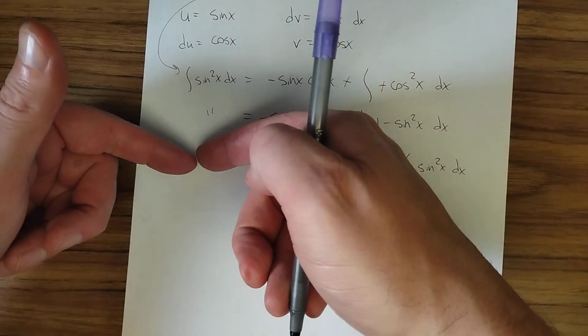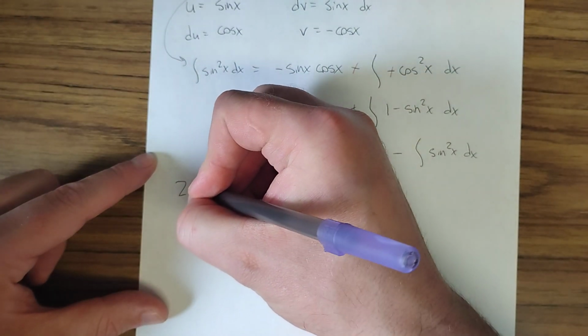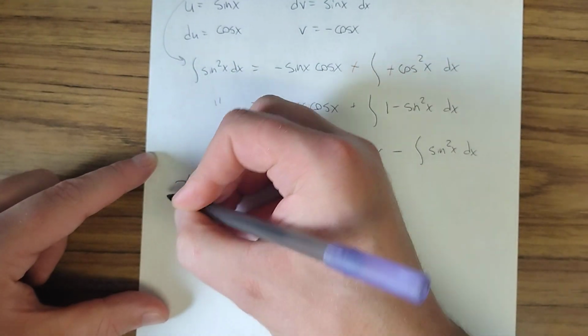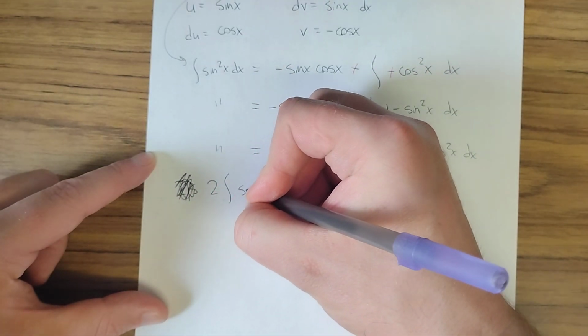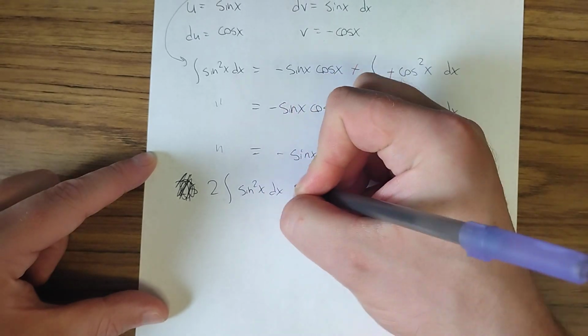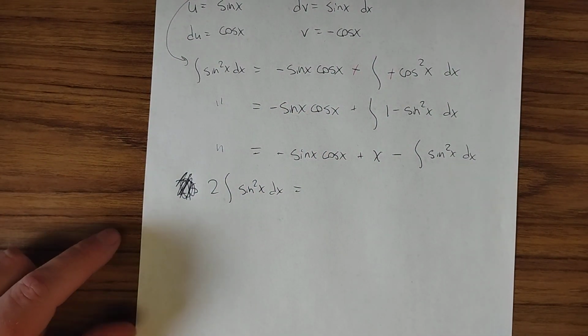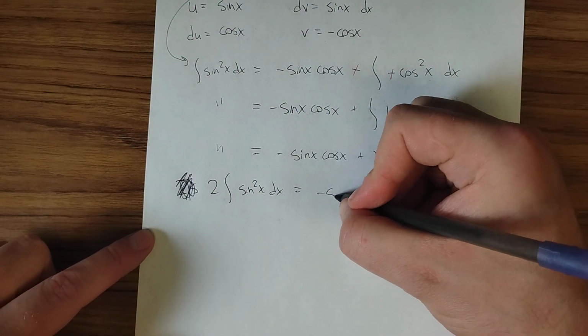So if I get this over, it's going to be 2 integral of sine squared x equals this.